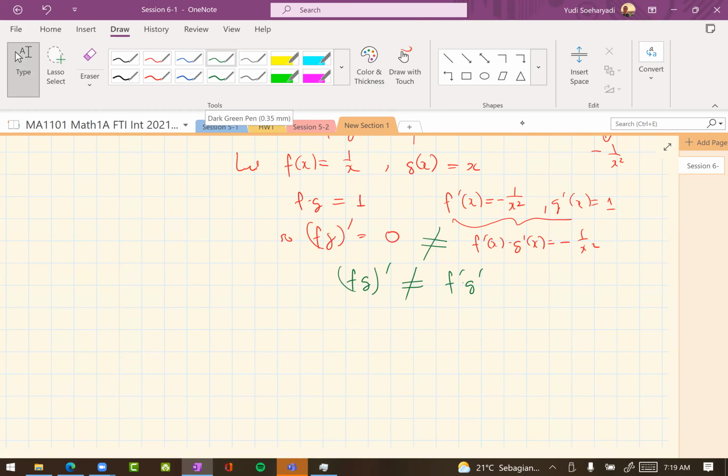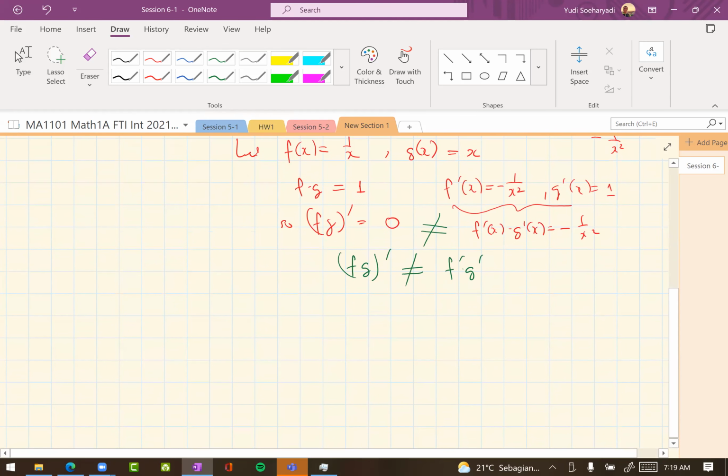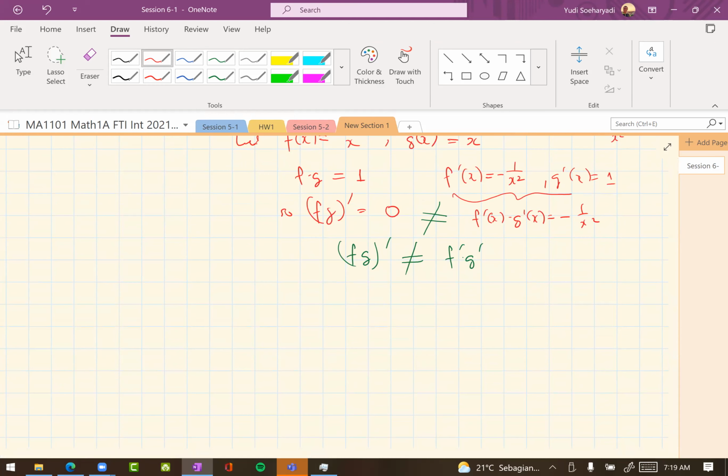Let's do some computations a little bit. So let's take fg, these kinds of computations. All right, so let's do some trick. This is like pulling a rabbit out of a top hat.